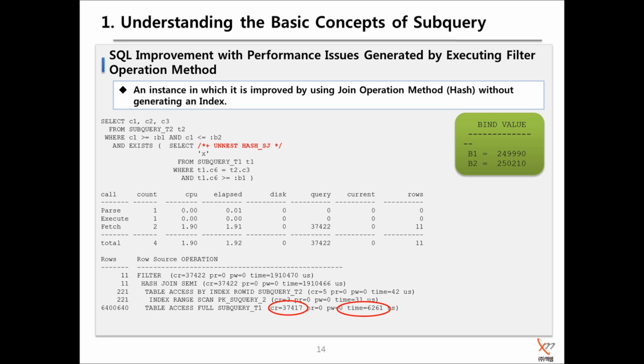In this way, it has been modified to execute with only one full table scan. In the initial SQL before the modification, although the absence of an index was the fundamental cause of ineffectiveness, in case creating an index is not applicable, we can still make significant improvements just by changing the subquery's operation method.